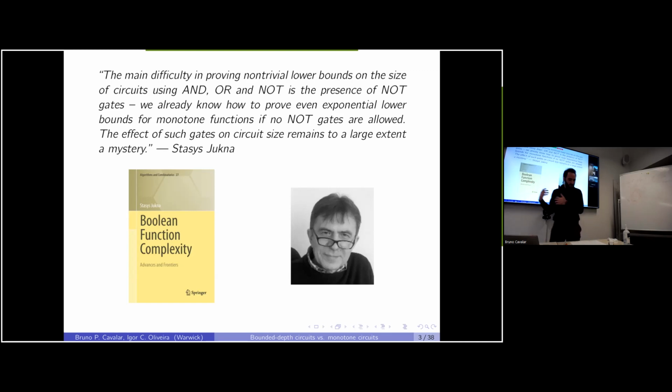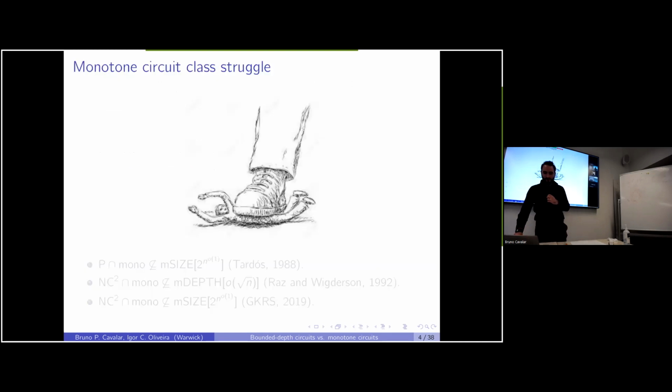Because, as we briefly review, we do have strong lower bounds for monotone circuits, or circuits without negations.